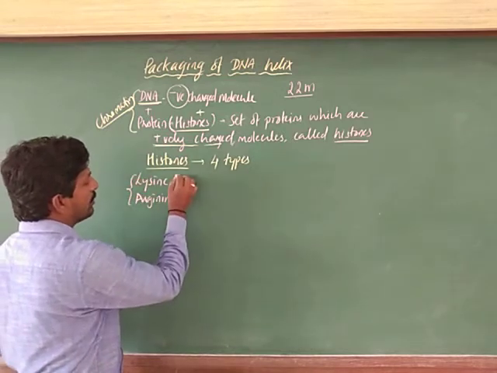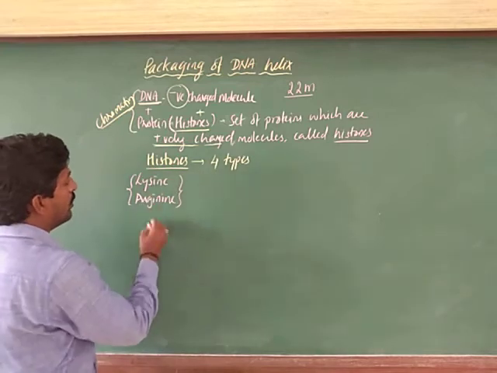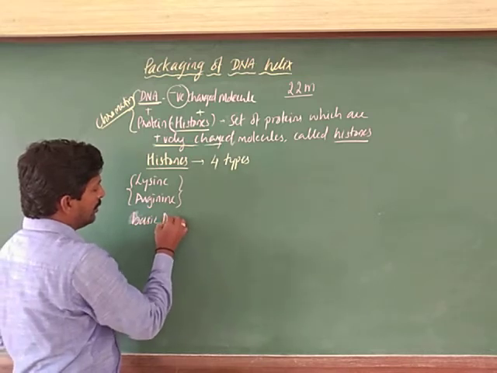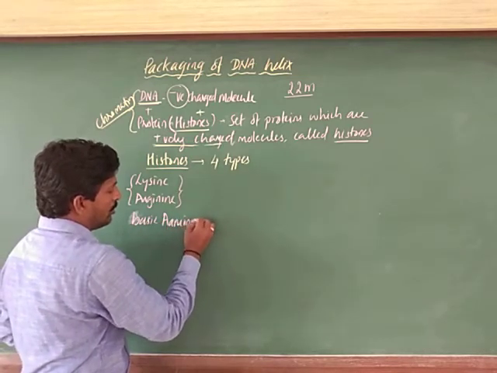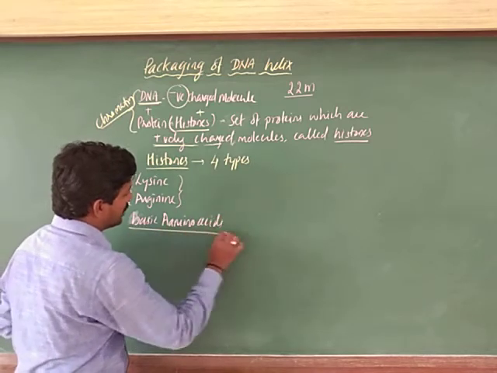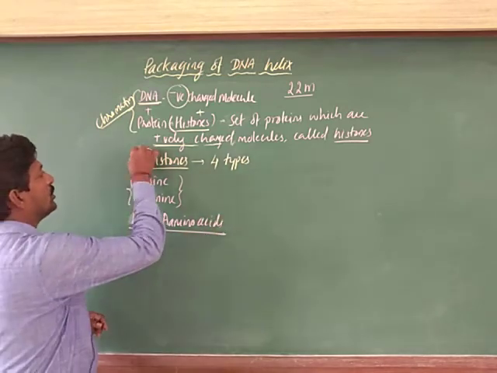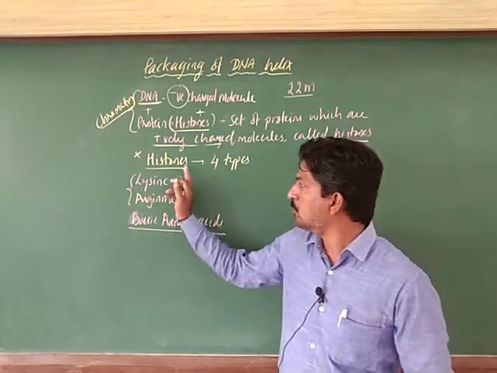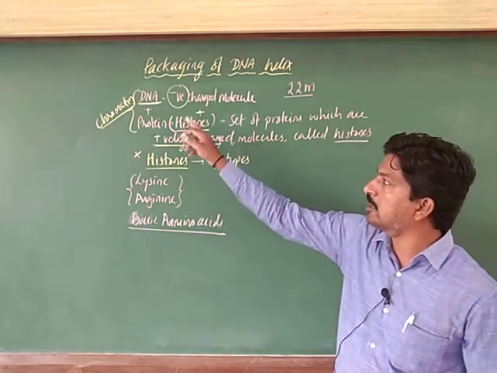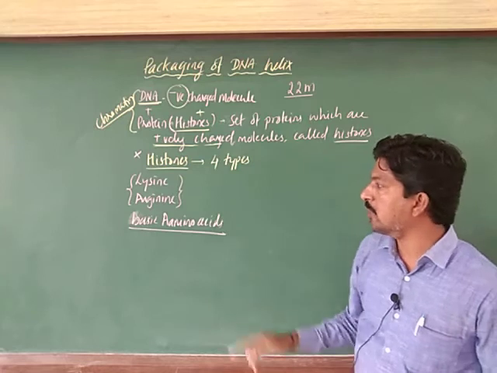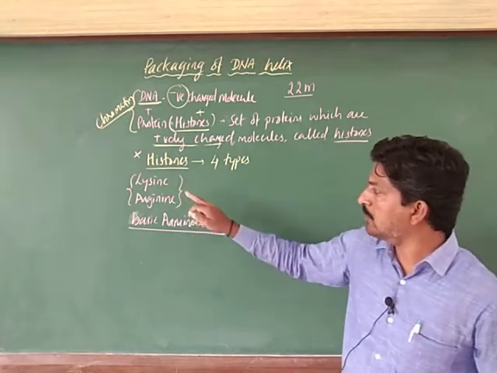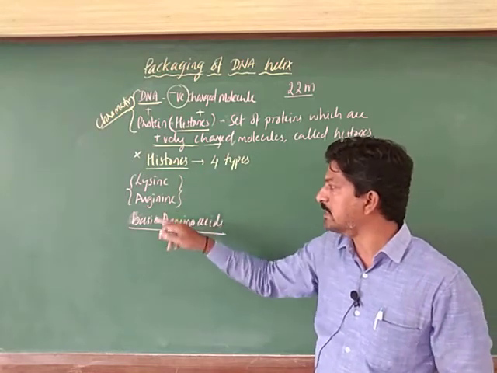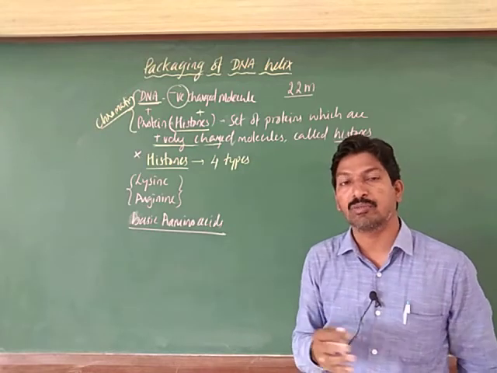Both are basic amino acids, which makes it positively charged. Histones are the proteins found associated with the DNA, and they make the packaging process. So the histone proteins are rich in lysine and arginine. As you know, different amino acids are there.